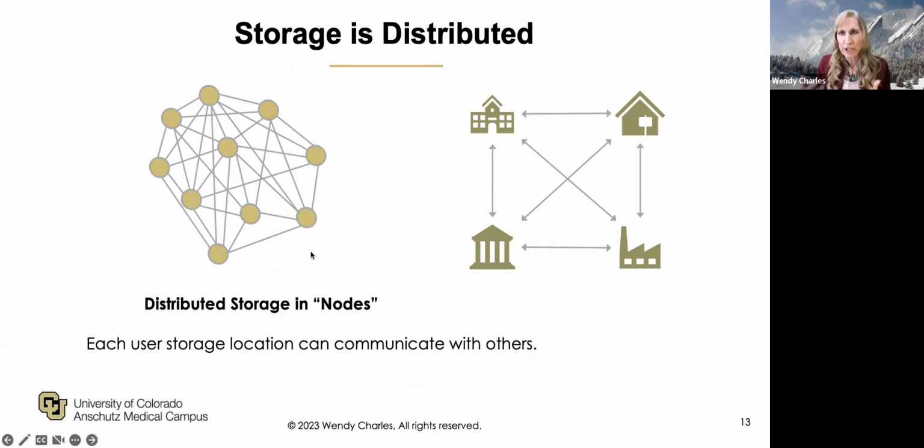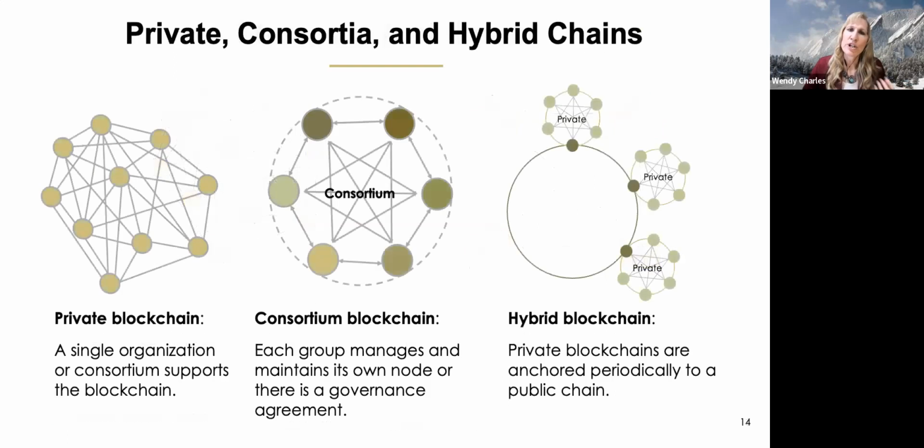So this term distributed is key to that definition that we were talking about earlier of a distributed ledger technology. And so these are some of the fundamentals that underlie that. And as these storage mechanisms and as these blockchains have continued to evolve, there's more and more ways that they can be used for clinical research, for example.